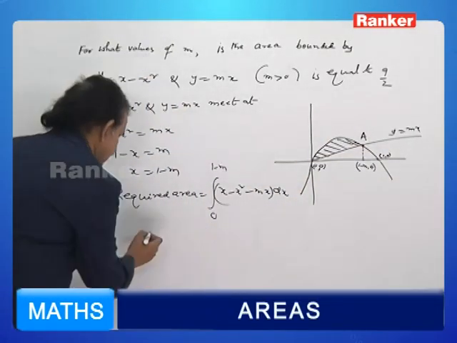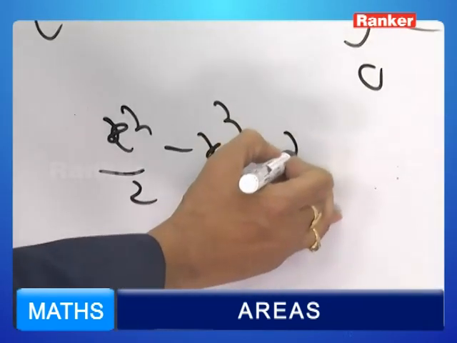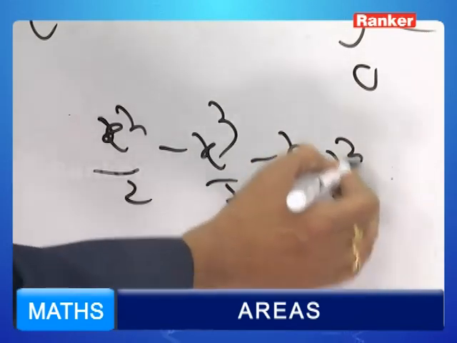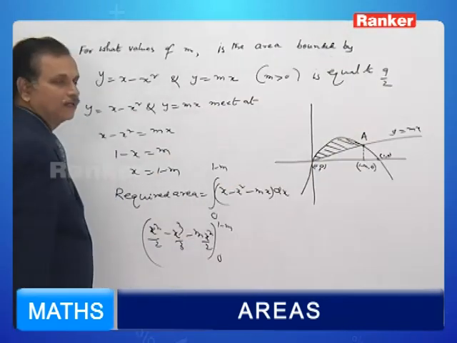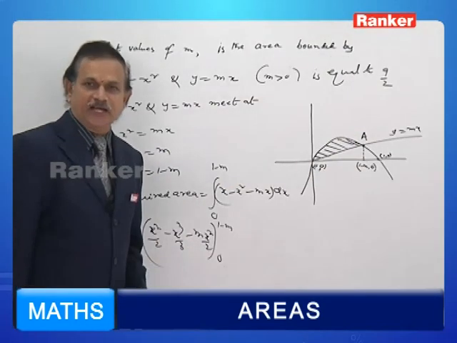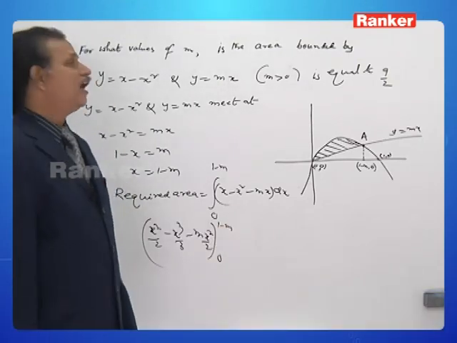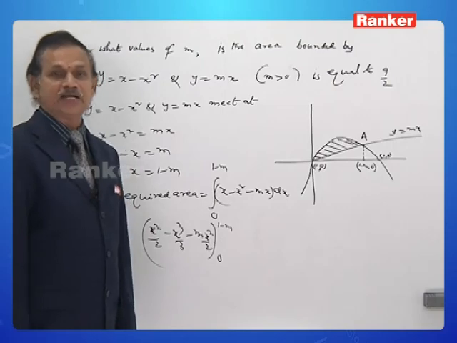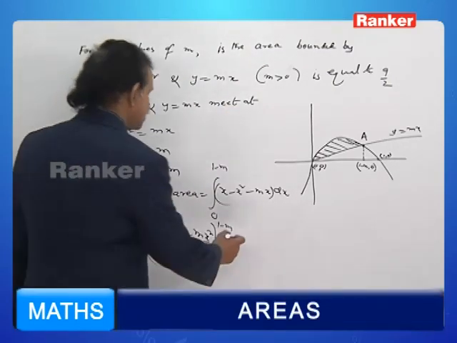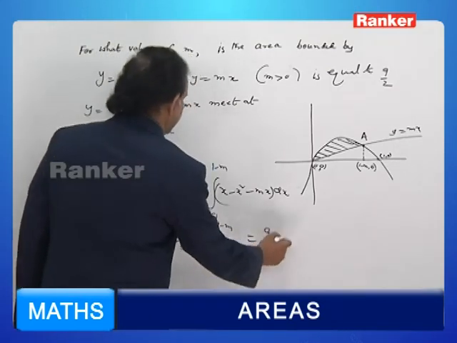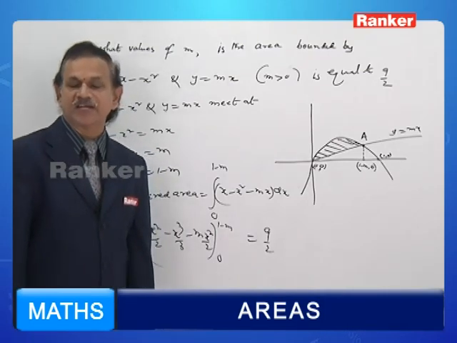What is it? For x it is x square by 2. For x square it is x cube by 3. For mx it is mx square by 2. Between the limit 0 and 1 minus m. This is the area which we could find actually. And according to data, he has given that this area is equal to 9 by 2. So, this is supposed to be equated to 9 by 2. Of course, we are supposed to have the values of m.